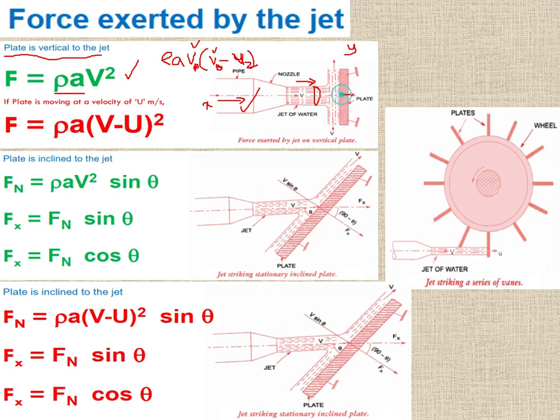In this direction there is no velocity, so we can say v2 is equal to 0. That is why we consider this vector 0, and this v and v become v square. So the force is rho A v square.